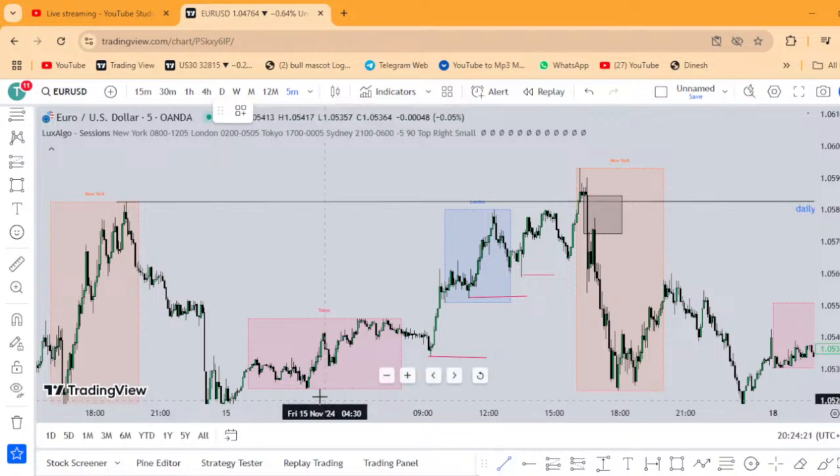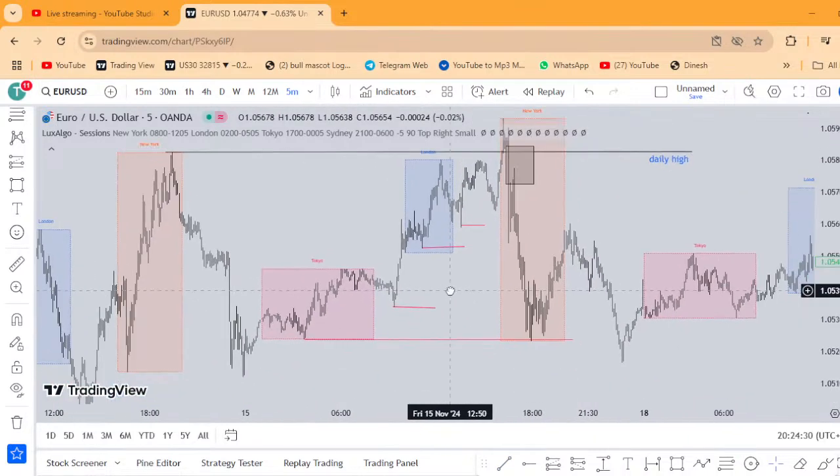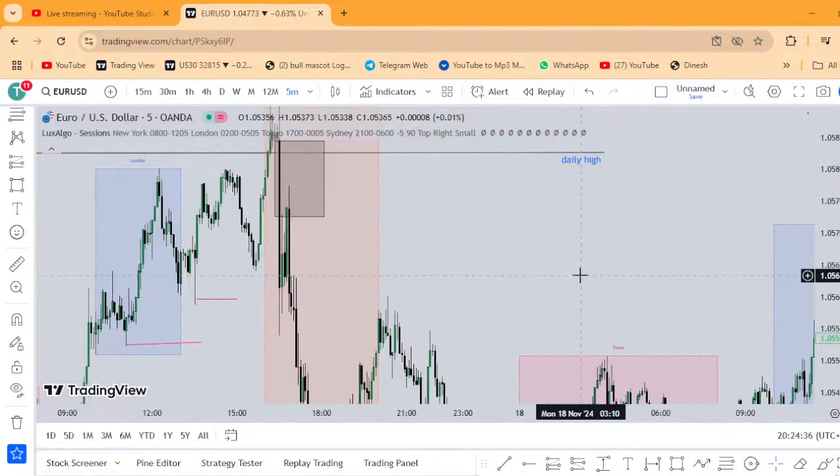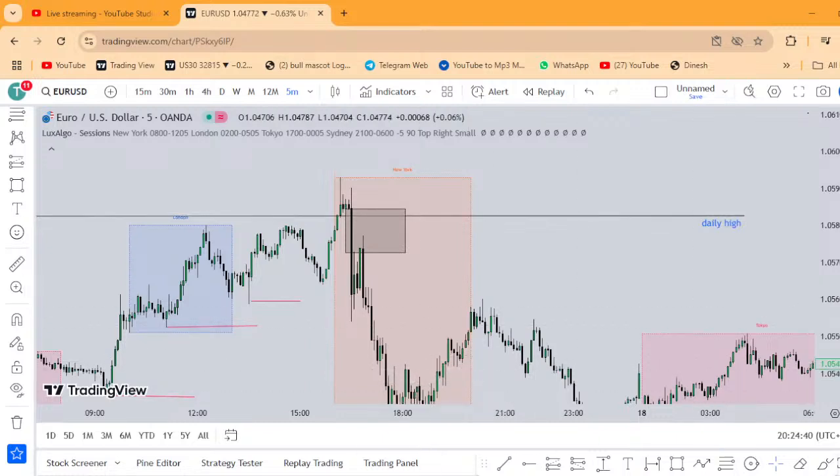So we're targeting these lows. This is a session low, so it can be a decent target. Price comes down until this low to sweep it. So you put your entry from somewhere here, from this FVG zone.